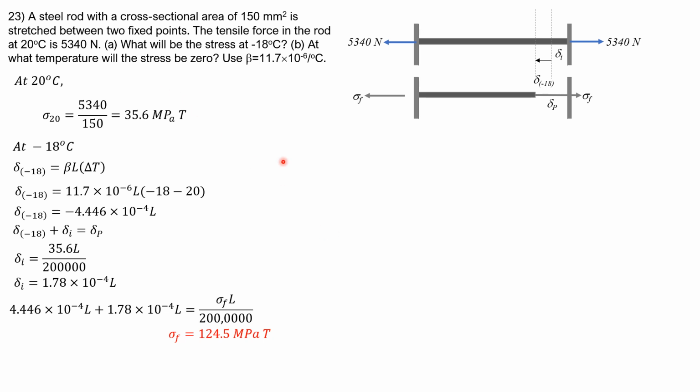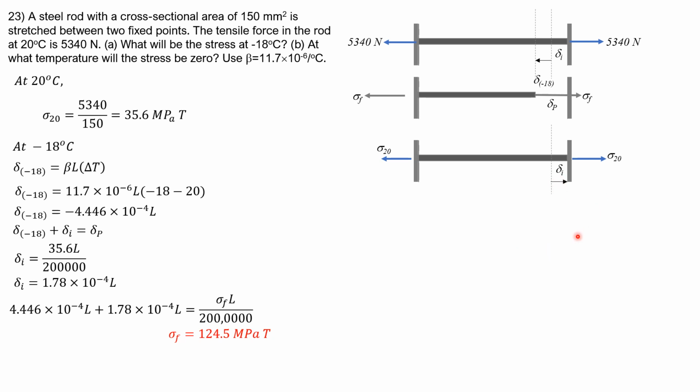For part B, at what temperature will the stress be zero? So it should be the initial displacement, which is contraction, should be equal to the final displacement, which is elongation, so that there will be no stress at final.